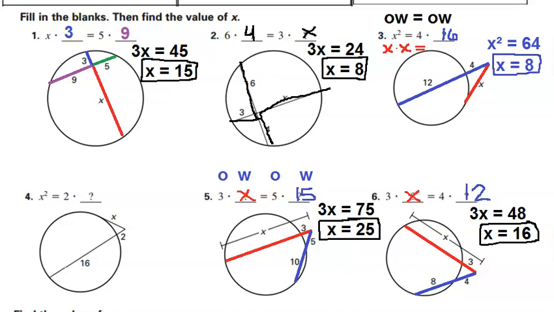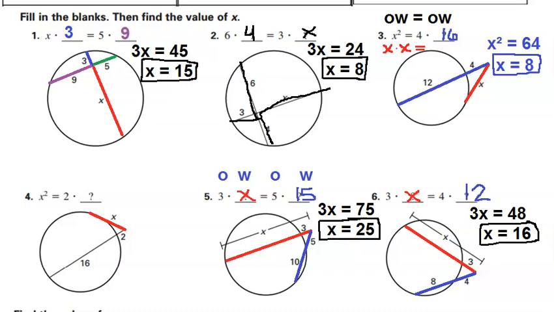All right, let's go through another one just like that. Once again, whenever you see an x squared in one of these formulas, that means the outside and the whole are the same thing. So in the case of this problem, the outside is x, but the whole thing is on the outside. It never actually made its way inside the circle. So the outside is x. The whole thing is x.